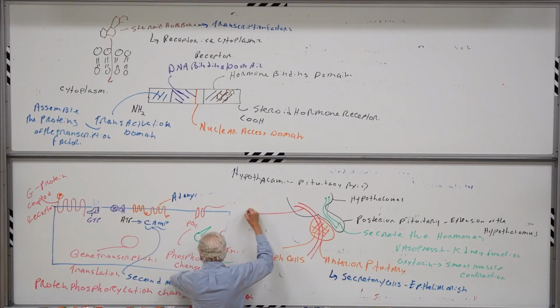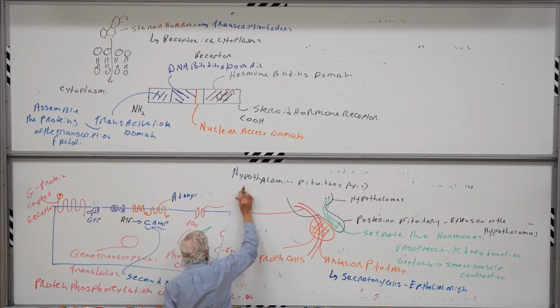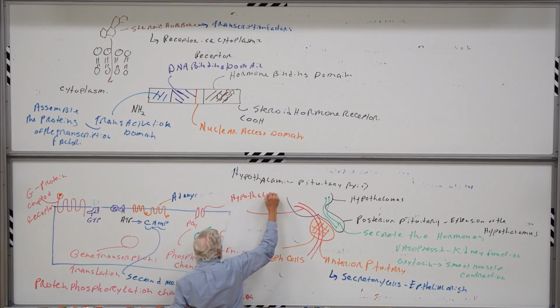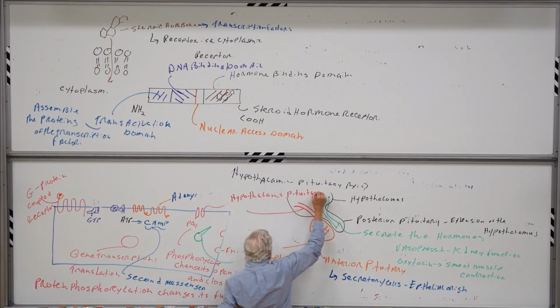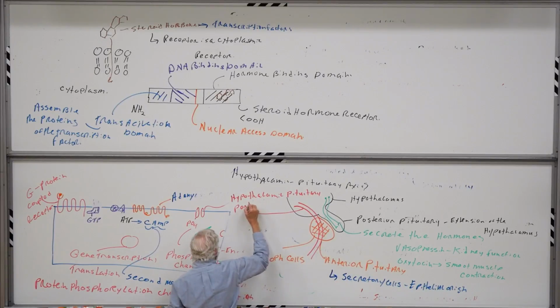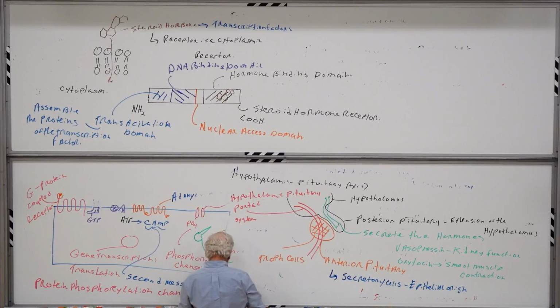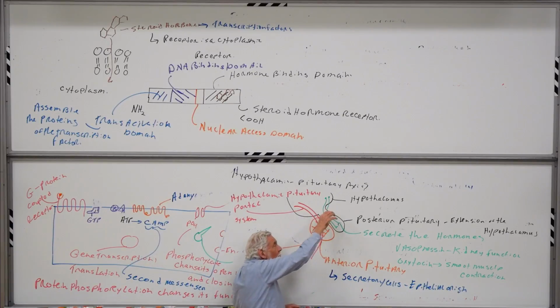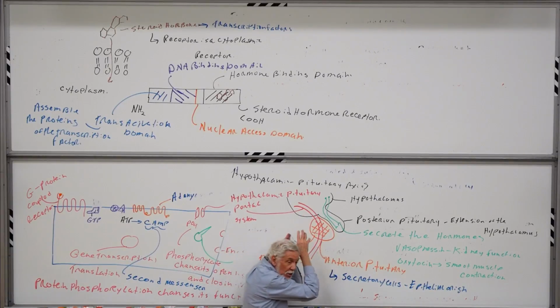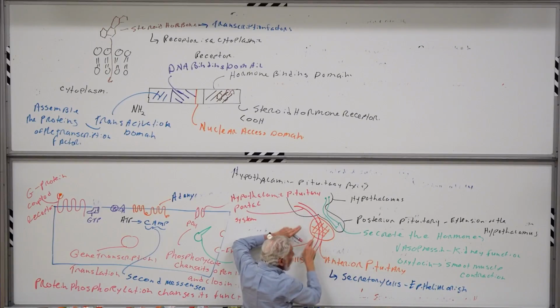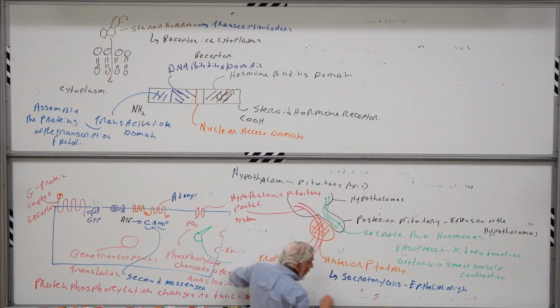This set of blood vessels is called the hypothalamic pituitary portal system. So where the posterior pituitary is an extension of the hypothalamus itself, the anterior pituitary is a separate set of cells and only communicates with the hypothalamus through the blood vascular system.